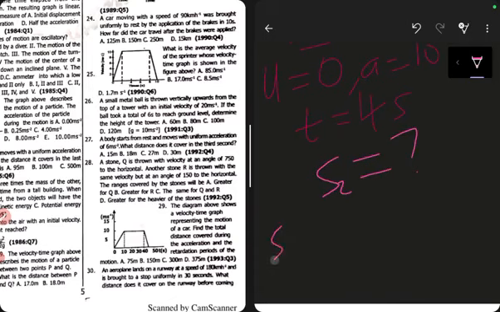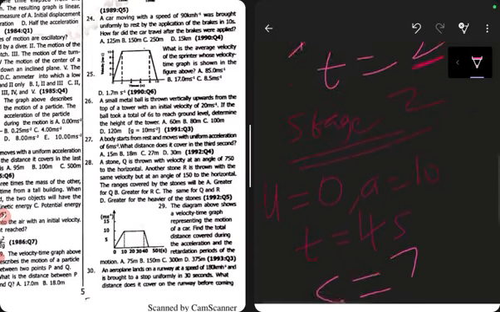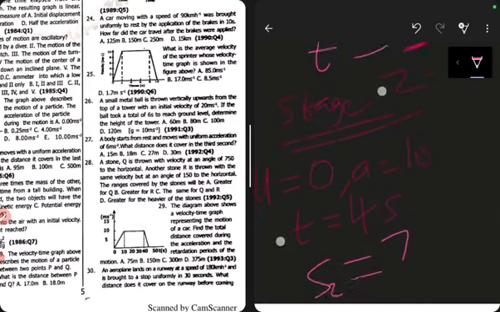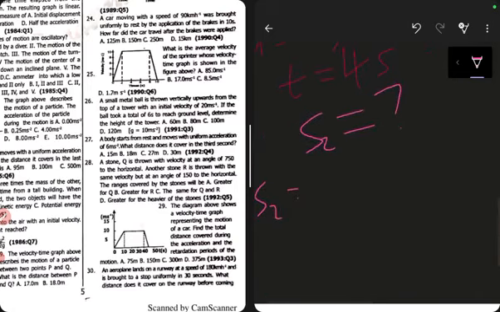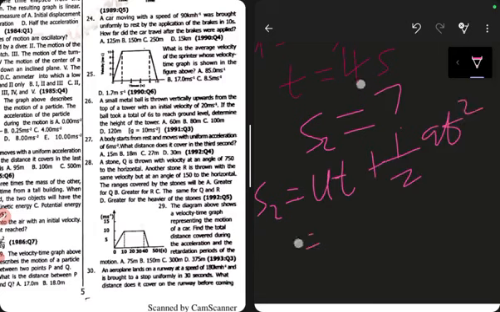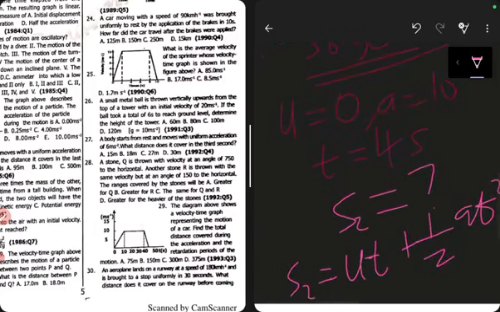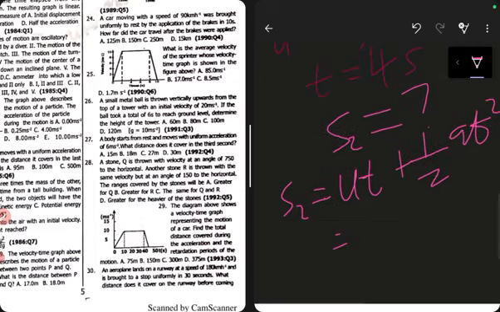So distance 2 is going to be ut plus half at squared. U is here, t is here, a is here. Remember the u is 0, because the second stage is from maximum height, which means that's where it's starting from. So the initial velocity is 0, so 0 times t is out.